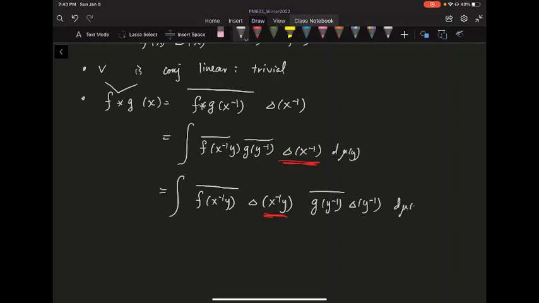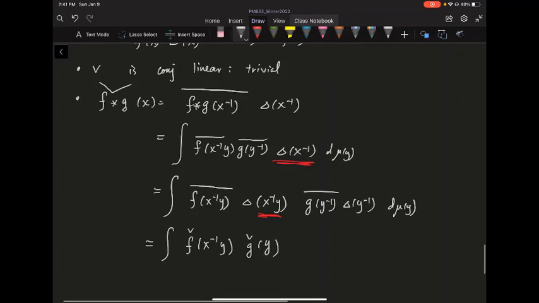The first thing evaluates to the f check evaluated at x inverse y, and the second one equals the g check evaluated at y. Sorry, the first one should be the entire thing inverse, with dy.